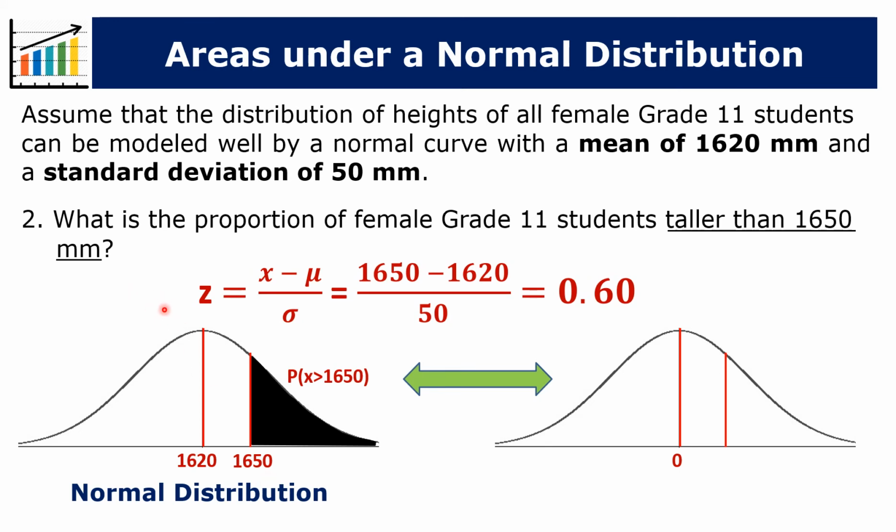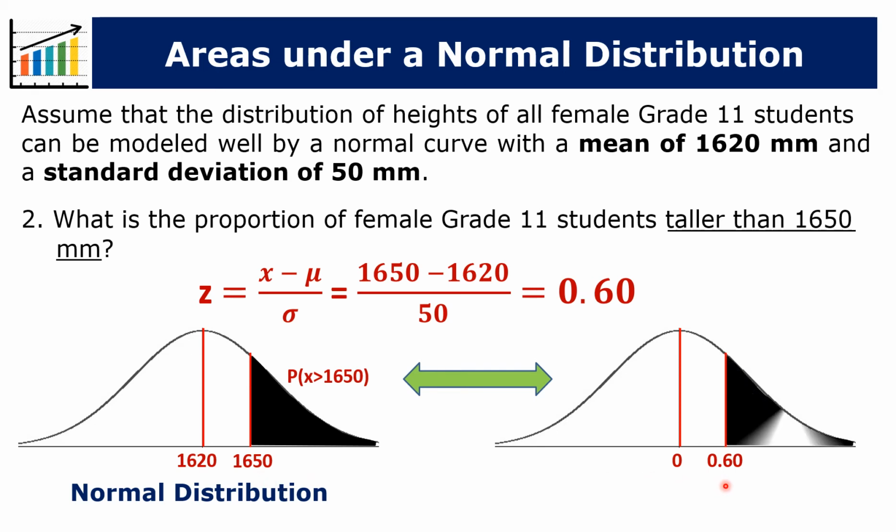So z is equal to the value, which is 1,650, yung kino-convert natin, minus the mean, which is 1,620, and then over 50. So 1,650 minus 1,620 divided by 50 will give you 0.60. So the equivalent z-score of 1,650 is 0.60.